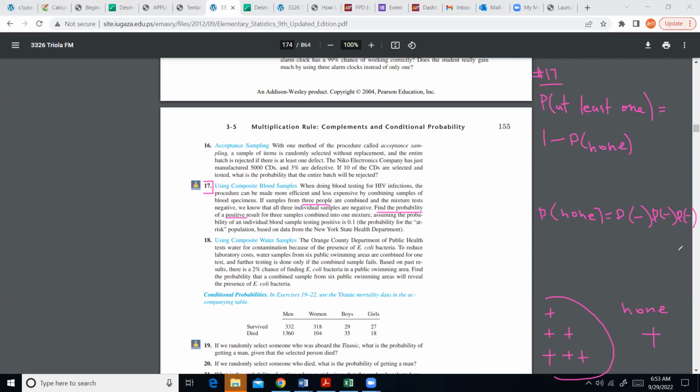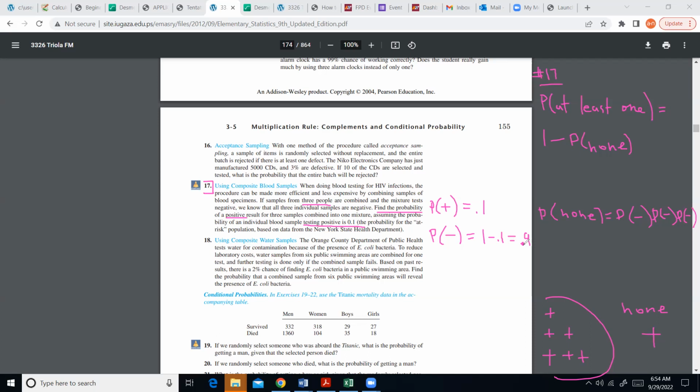So why do they care about this? Well, because it looks like a positive test is not as likely. Since the probability of positive is 10%, or 0.1, it's more likely that the test will be negative, and that's why they are going for that option, because if positive were more likely, then they would go with the positive option. So the chance of negative, which is the opposite of positive, is 90%, with 10% positives.